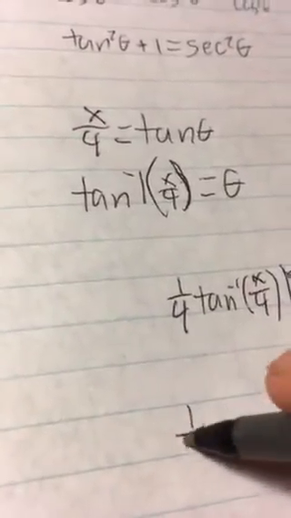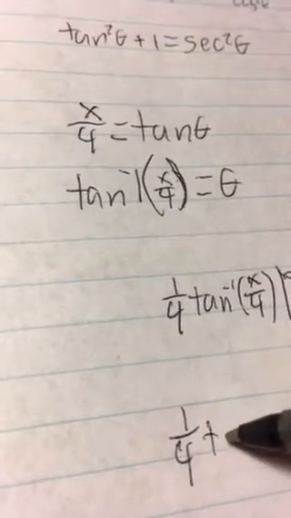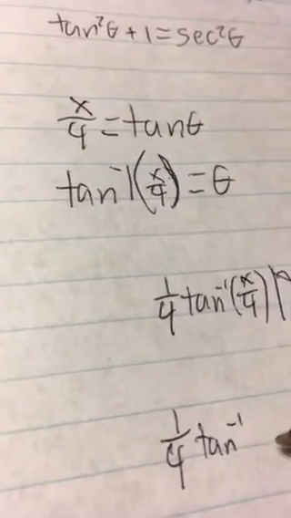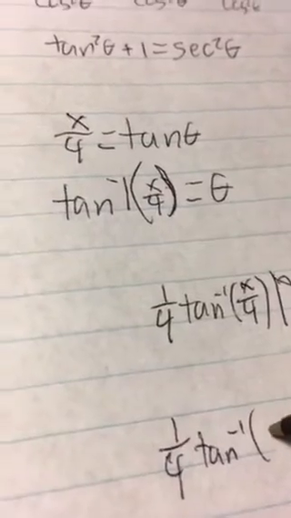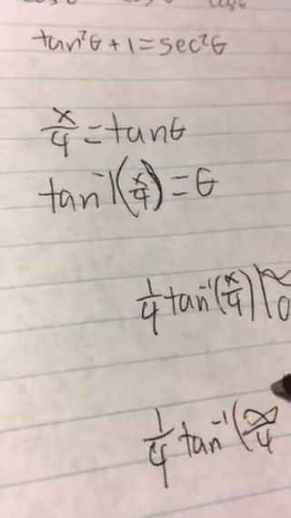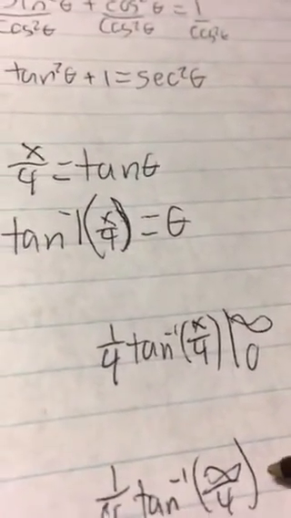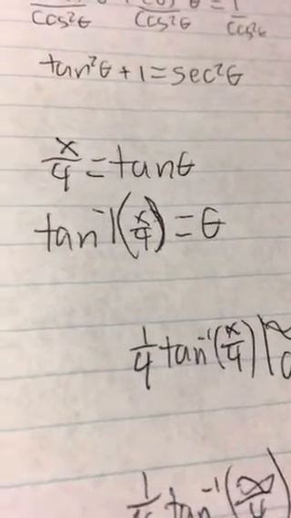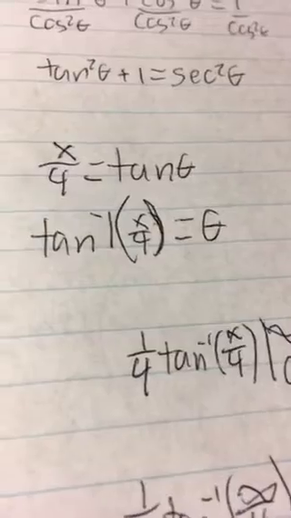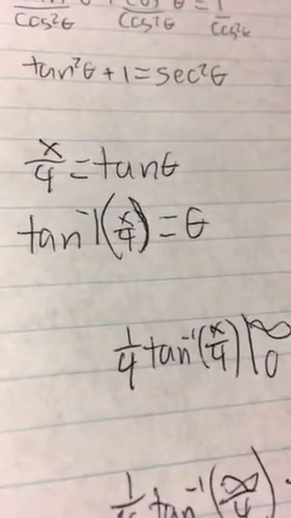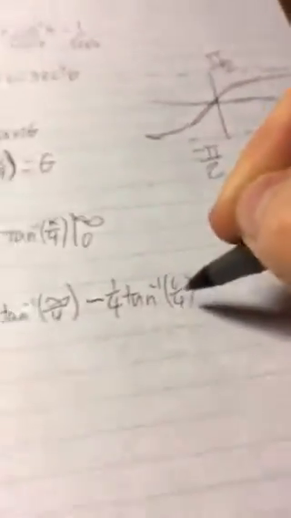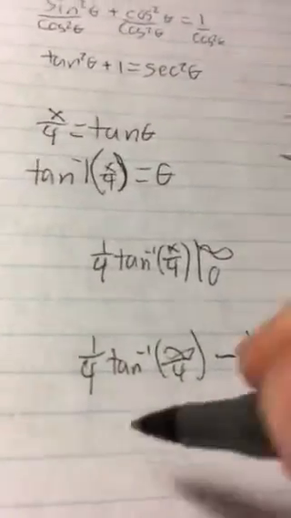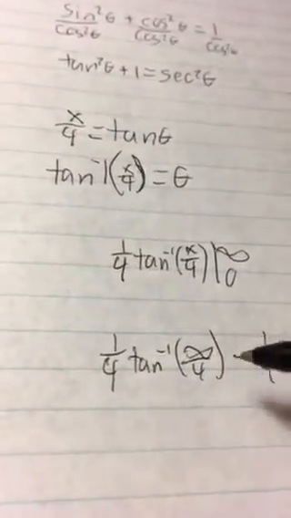So it's 1 over 4 tan negative 1 of infinity over 4, which doesn't matter, infinity over 4 is still infinity, minus 1 over 4 tan negative 1 of 0 over 4, which is just 0.